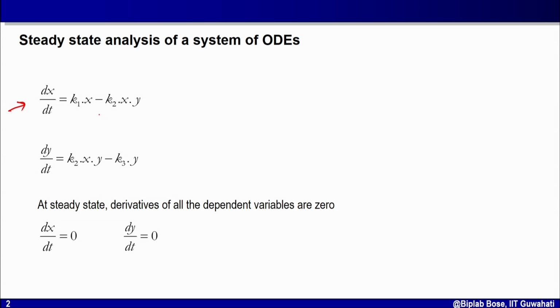For the predator, the rate of change is dy/dt equal to k2 x y minus k3 y. x and y here are dependent variables changing with time. k1, k2 and k3 are the parameters. Let us not bother about the parameters right now.